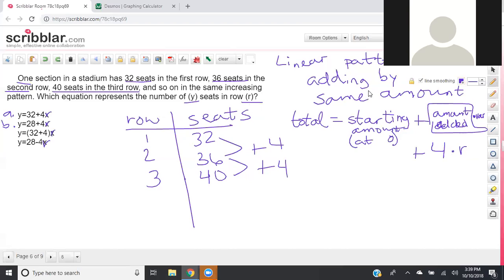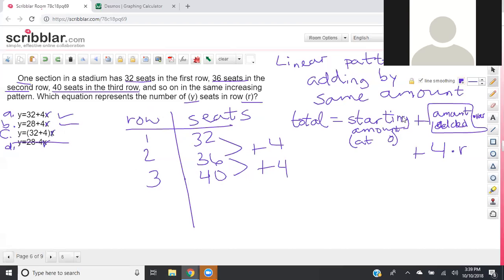What answer choices have plus 4R at the end? A, B, C, and D. Well, no, just A, B, and C. Honestly, A and C. Okay. So definitely not D. We all agree it's not D because it was minus.